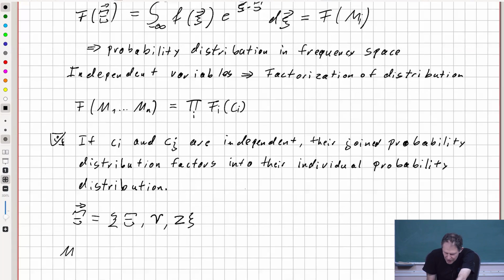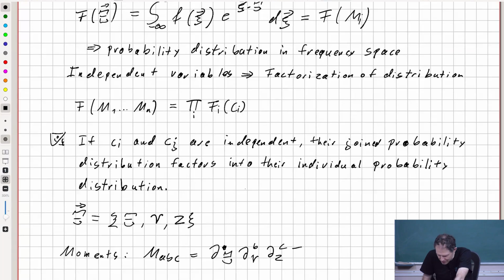And I remind you that the moments were defined like this, M_ABC, as these derivatives: the A derivative in xi, the B derivative in upsilon, and the C derivative in zeta of the moment generating function, and all of this evaluated at frequency equal to 0.